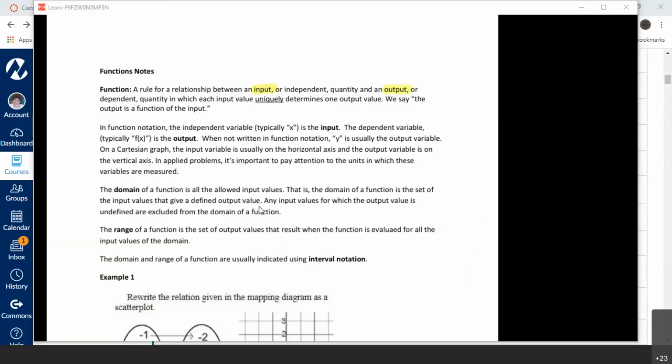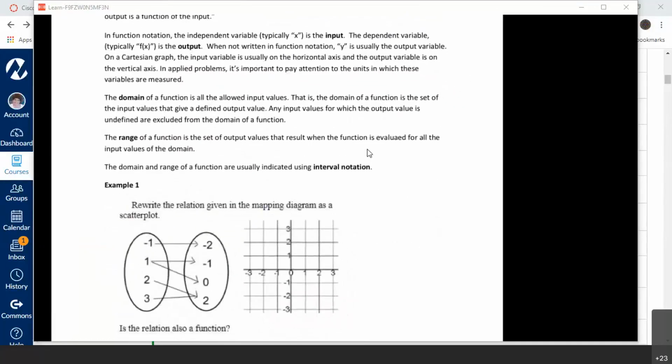So again, just remember what domain means. Domain means it's all of the inputs that give you a defined output. And I'll show you examples of where that doesn't work. Likewise, range of a function is what you get when you plug in the domain.